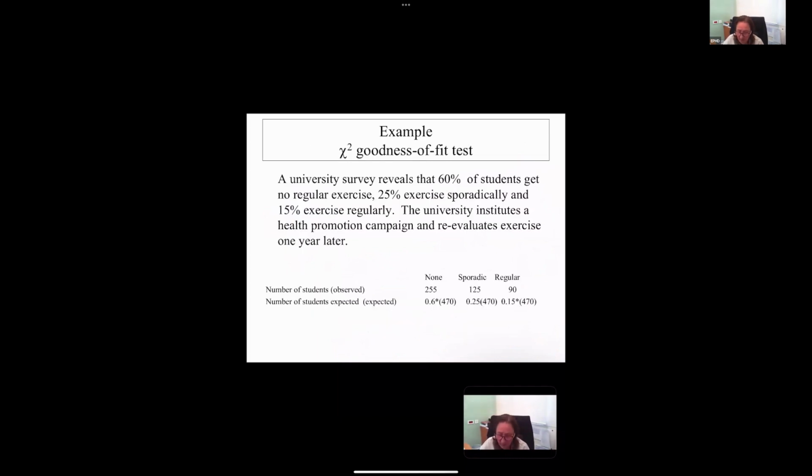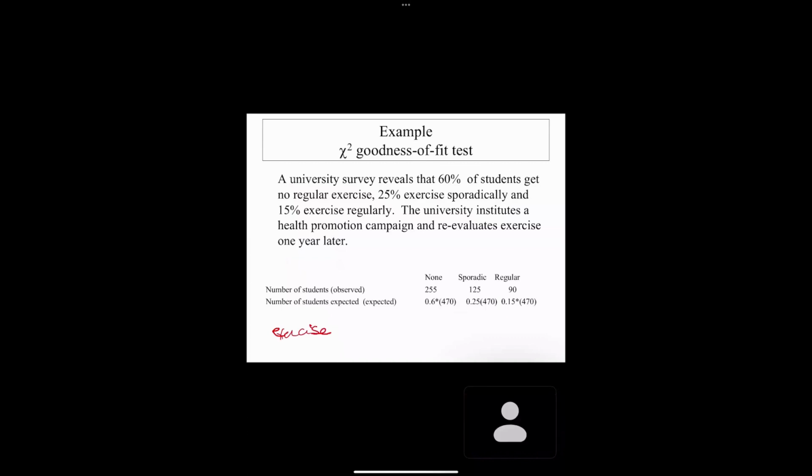Okay, so the example. A university survey reveals that 60% of the students get no regular exercise, 25% exercise sporadically, and 15% exercise regularly. What is the variable I'm looking at? Exercising. And this exercise has how many categories? Three categories.